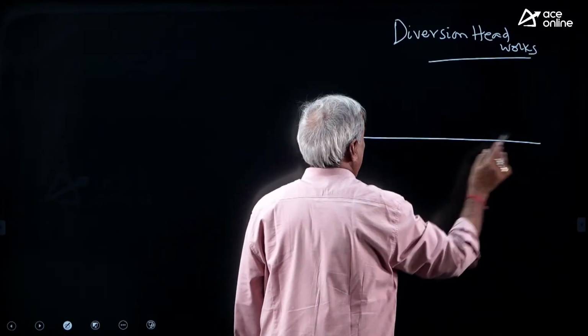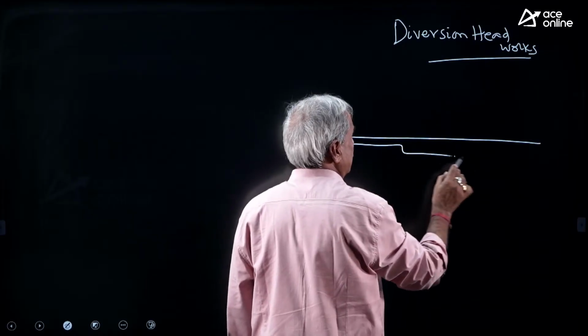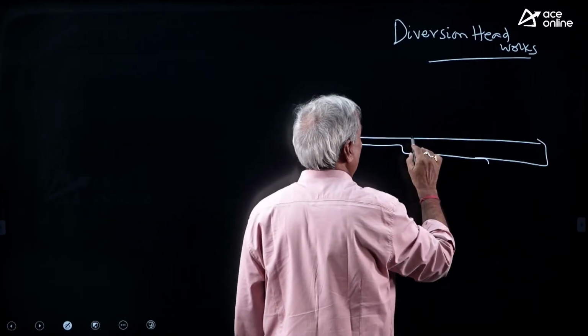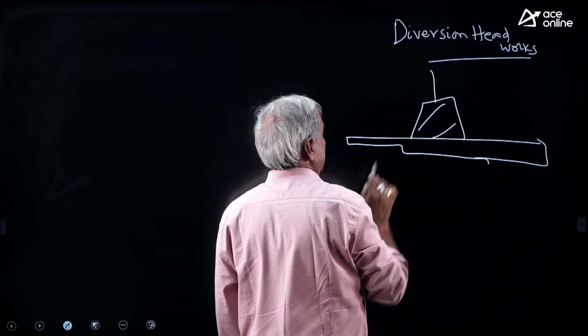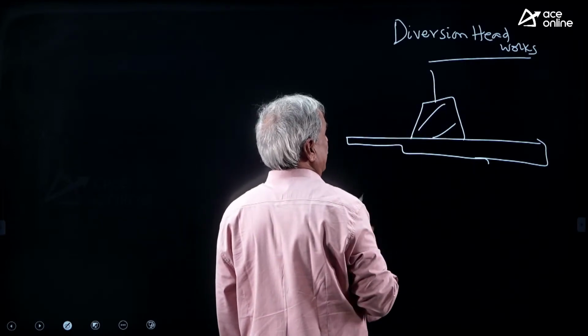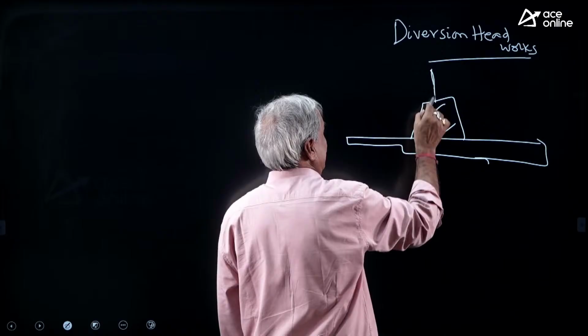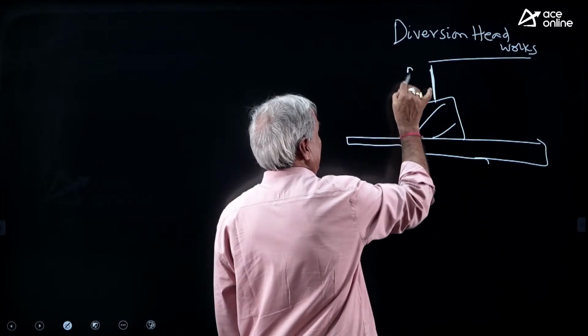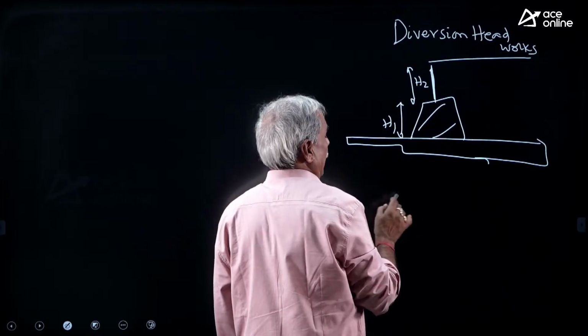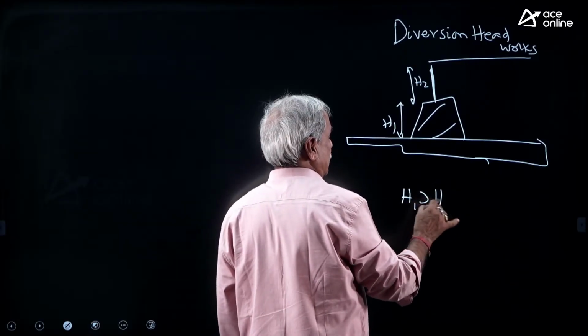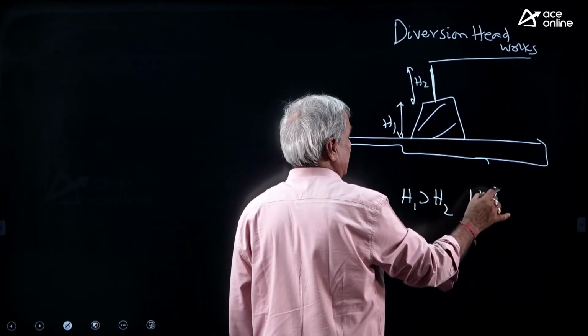If you use a cross section, if you give weightage for the fixed head, that is called weir section. If you give the weightage for the gate or shutter, if it is height H2, this height H1, if H1 is more than H2, that is called weir section.